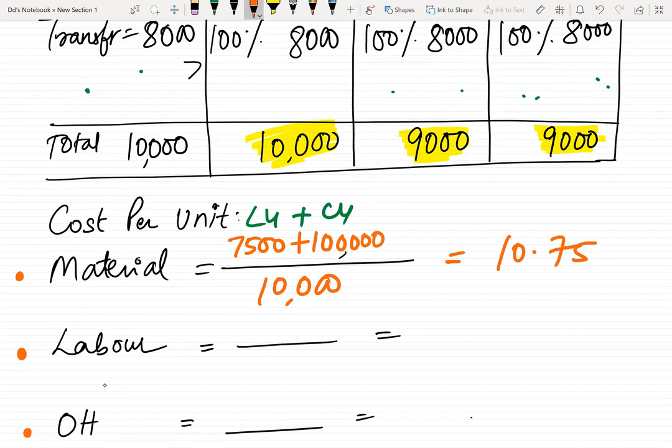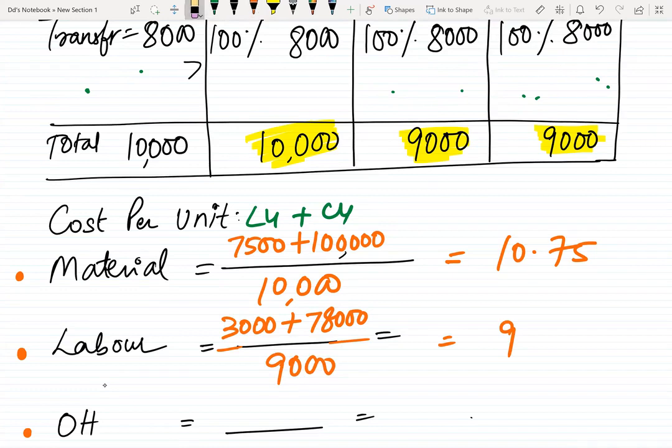Okay. What will happen to labor? Take the last year number, 3,000, plus current year number, 78,000, divided by 9,000. 3,000 plus 78,000 divided by 9,000 will be 9 rupees. Okay.